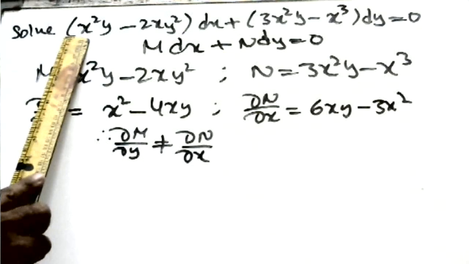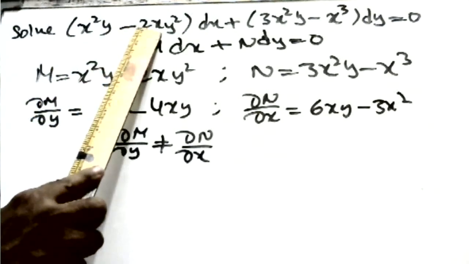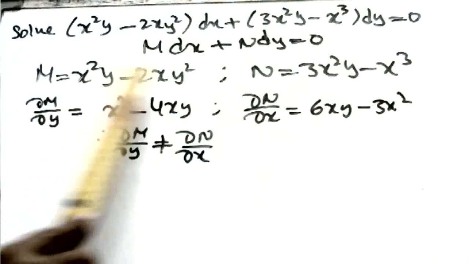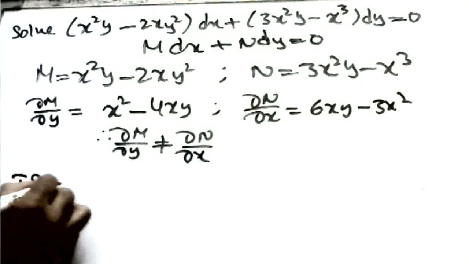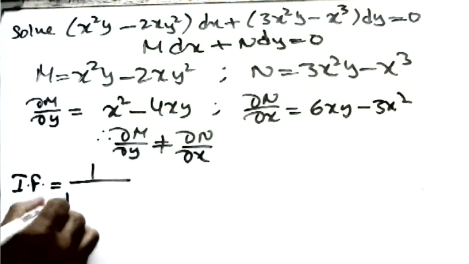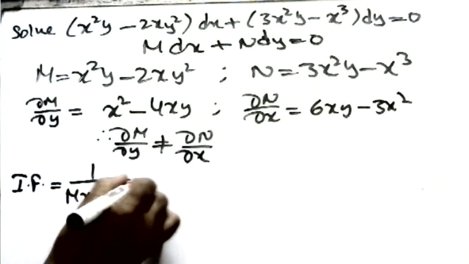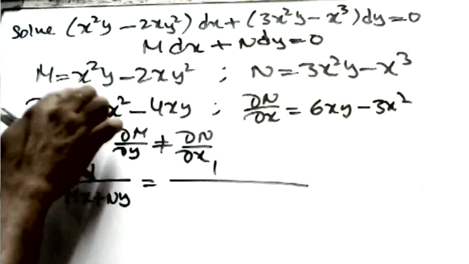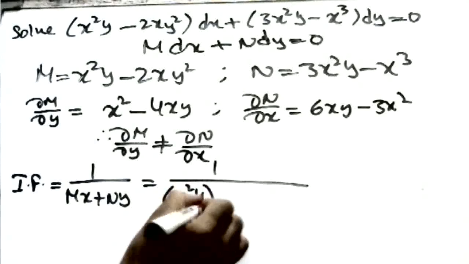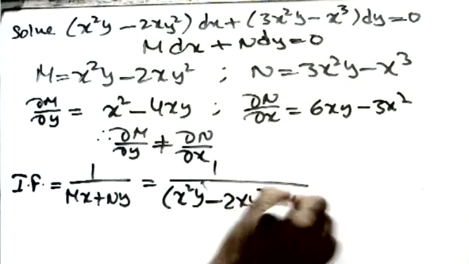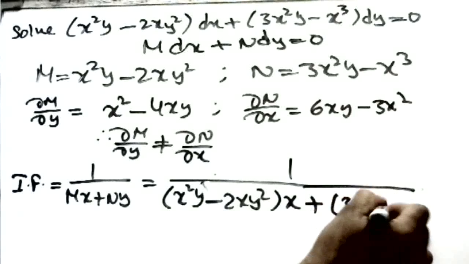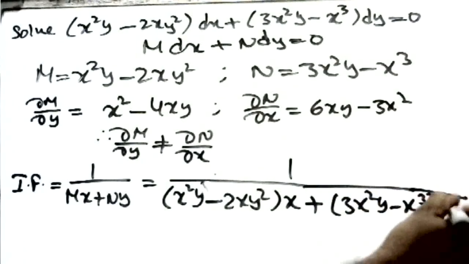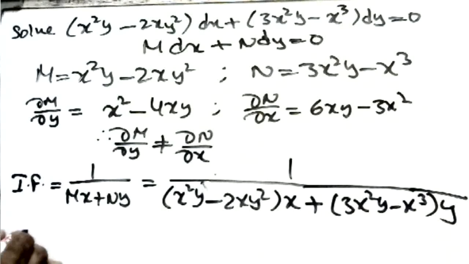Now watch here, just now we understood this is of the homogeneous type. Its degree is 3, its degree is 3, its degree is 3. You see all the terms are of degree 3. So let me find the integrating factor. For a homogeneous function, the integrating factor is 1 by Mx plus Ny. 1 divided by M, the value of M is x square y minus 2xy square, into x, plus N, which is 3x square y minus x cube, into y.